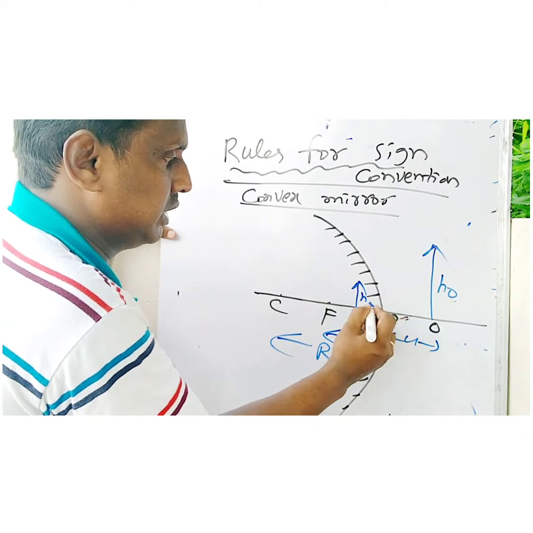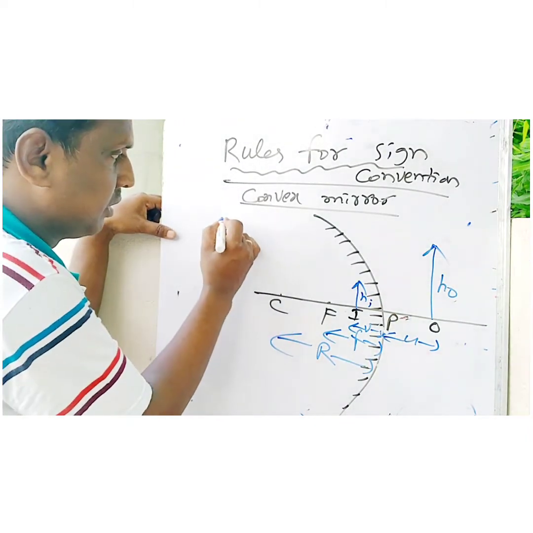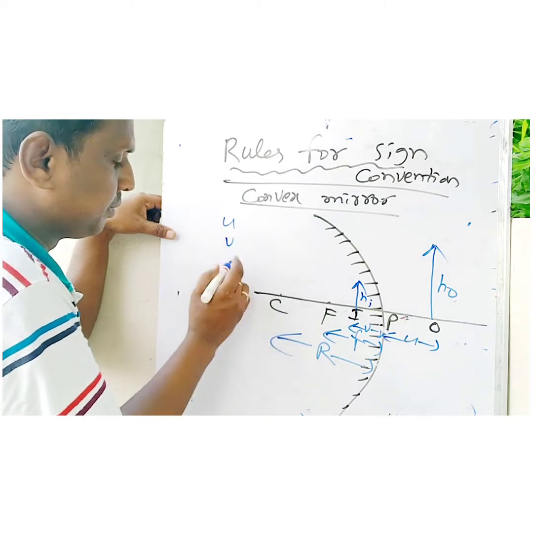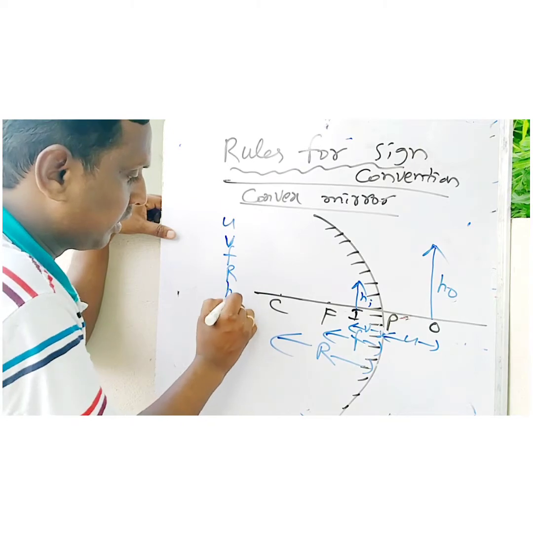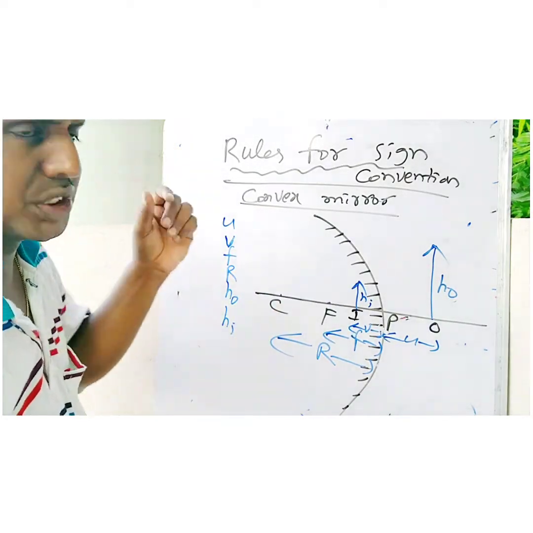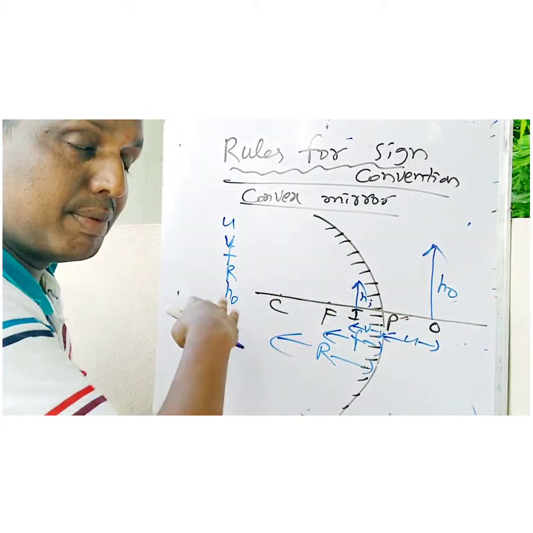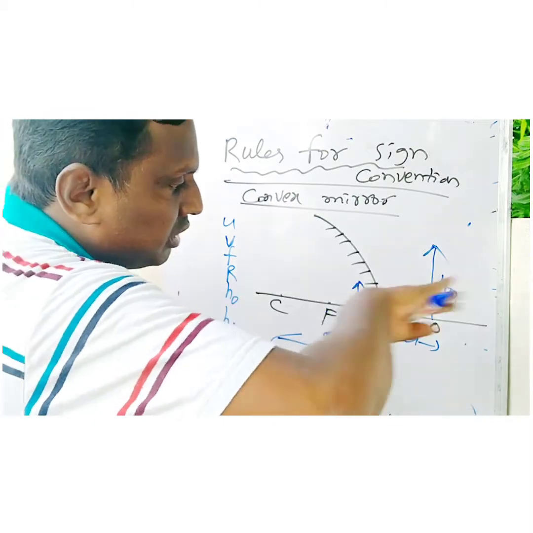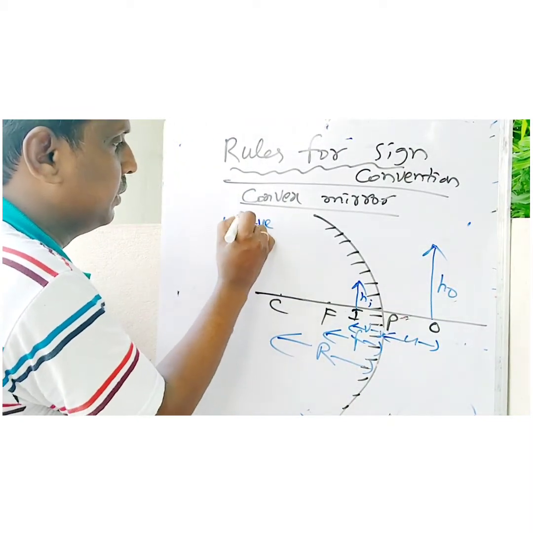This is HI. Now look here. Now we want the same U, V, small f, capital R, HO, HI, and which is positive and which is negative. The same light rays are coming again, right to left only, but we measure from the pole on this side. So here U is compulsorily negative.